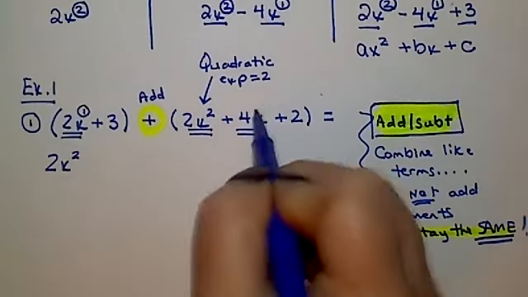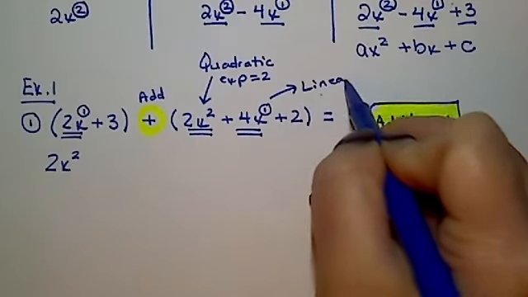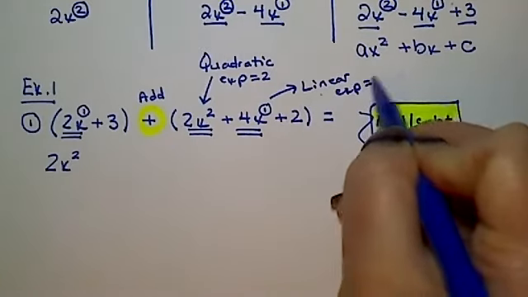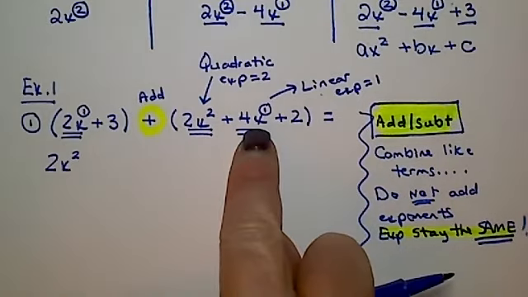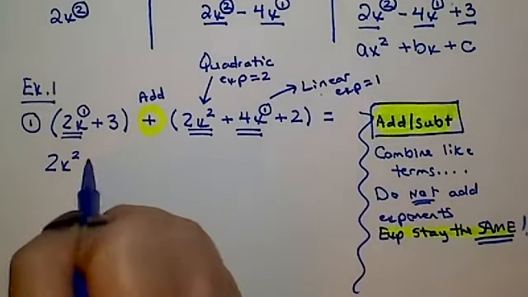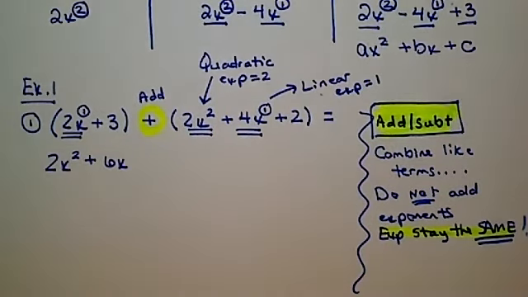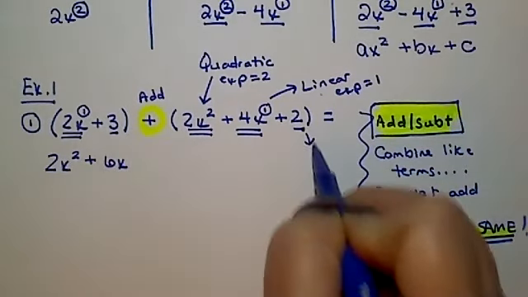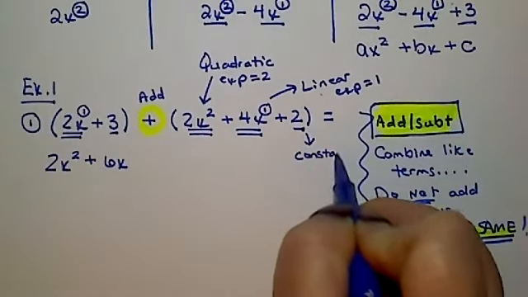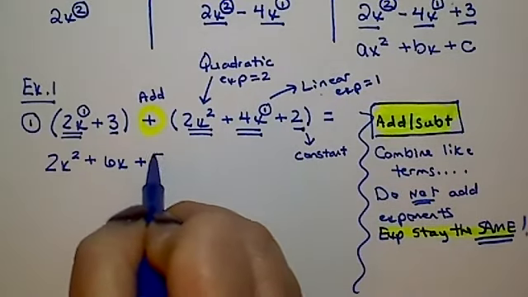A degree or exponent of a 1 is called a linear. That is when you have an exponent of a 1. So 2x's plus 4x's gives us 6x's. Then I finish with the numbers. The numbers are called your constants. So 3 plus 2 would be 5.